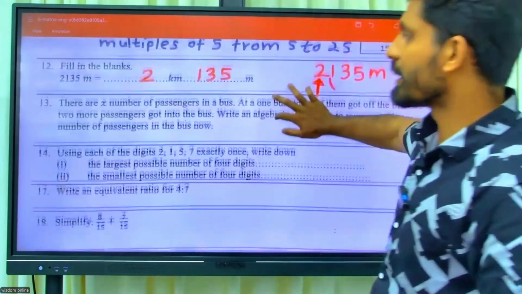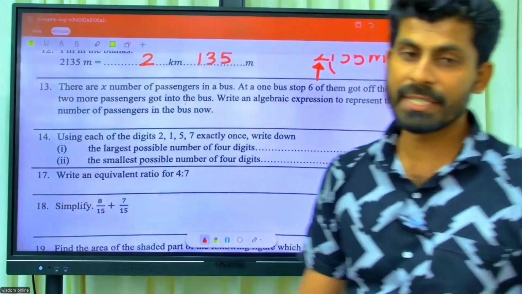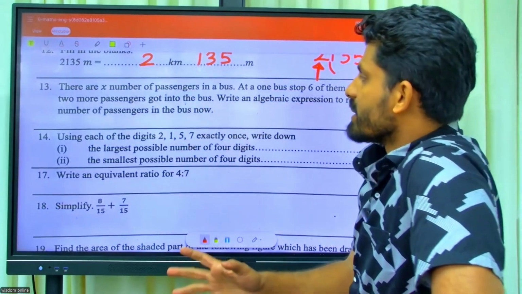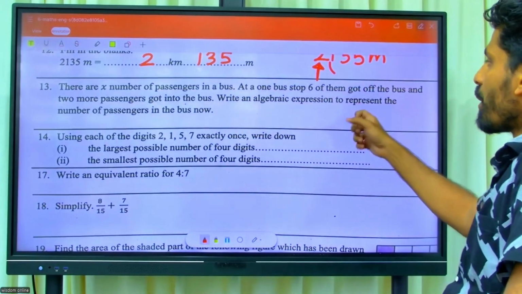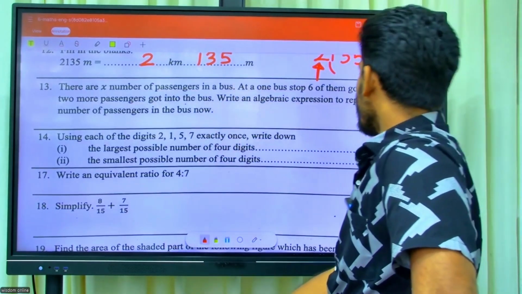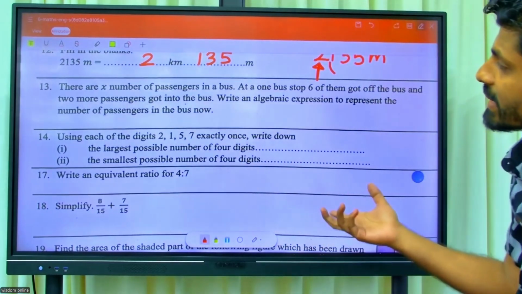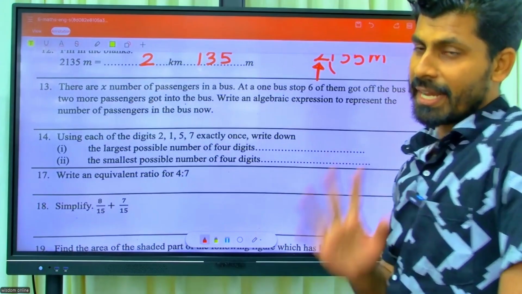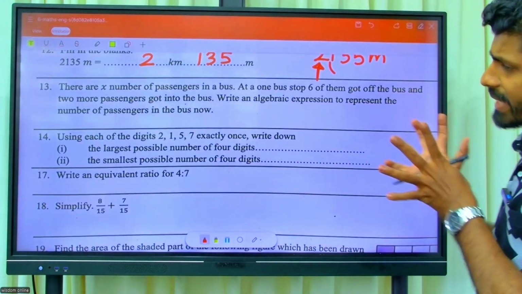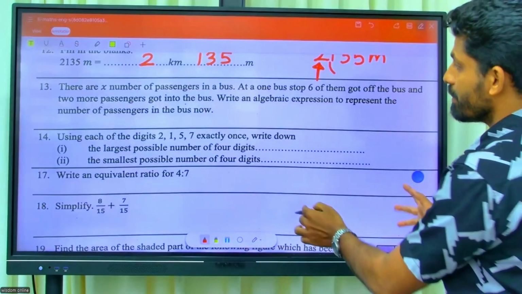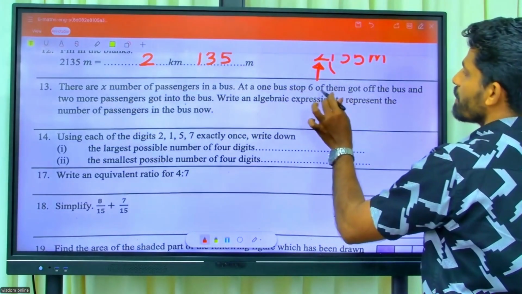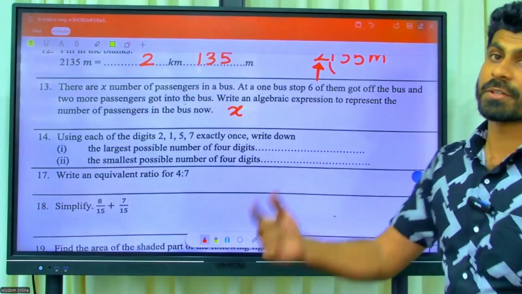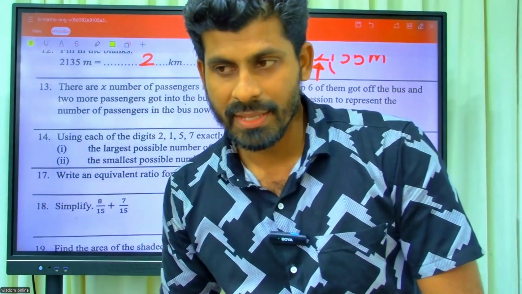Let's quickly move to question number 13. There are X passengers in a bus. At one bus stop, 6 of them got off the bus and 2 more passengers got into the bus.